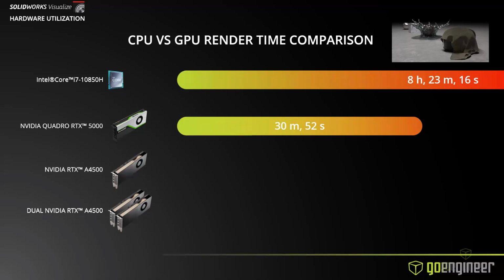Now, NVIDIA has also recently released their newest Ampere architecture GPUs, and they've released an NVIDIA RTX A4500 GPU, which is utilizing the latest Ampere architecture. And when utilizing a single RTX A4500, the render time for this same image was reduced down to 14 minutes and 9 seconds.